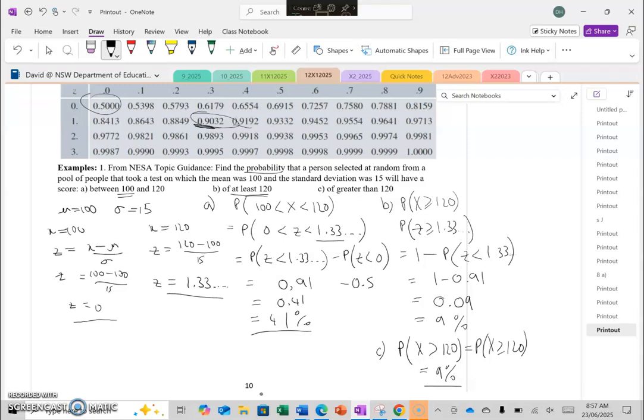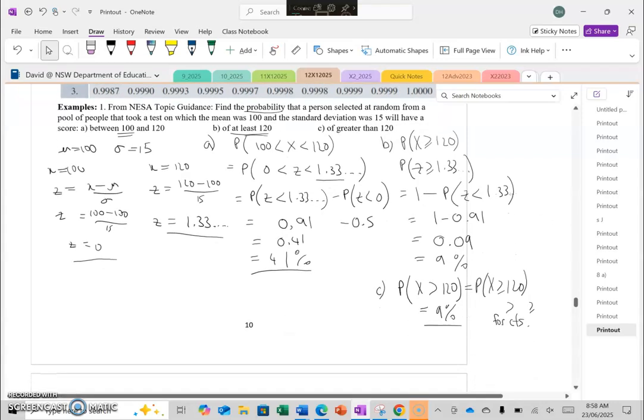The only case when you would think differently is if they tell you that you can only have discrete values, so not possible to get 120.1 or whatever. You would change that to 121 and work out the Z score for 121. But they haven't told us that information. So a reminder that if you've got a greater than and greater than or equal to for continuous data, you can essentially treat that as the same thing.